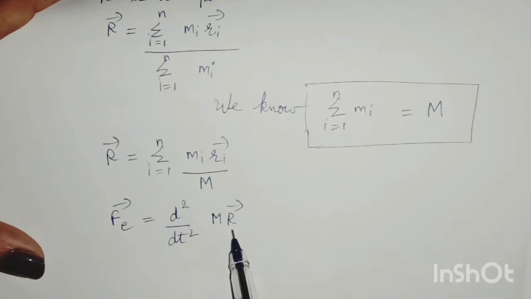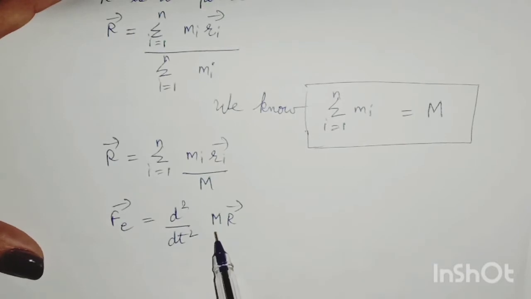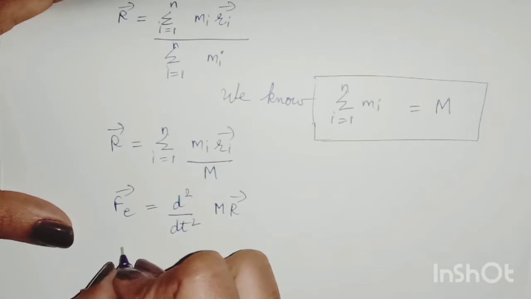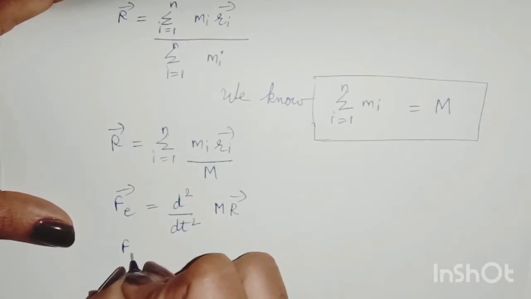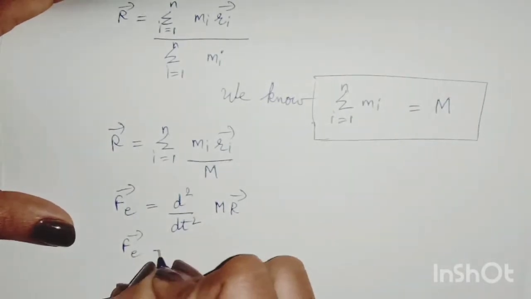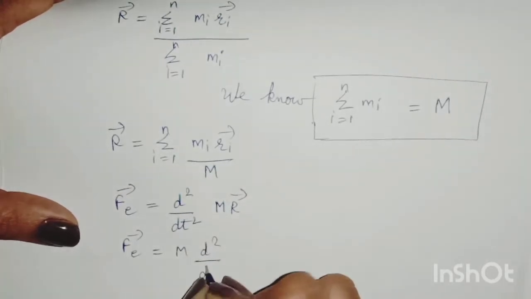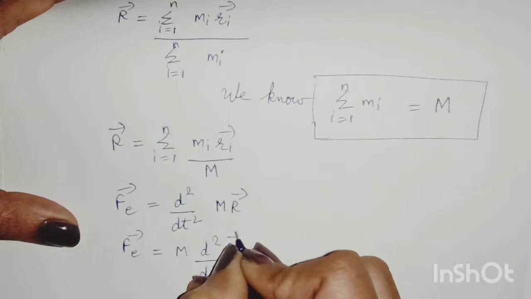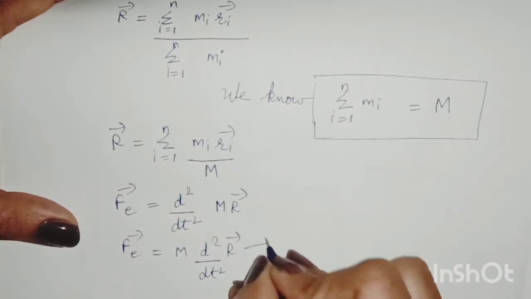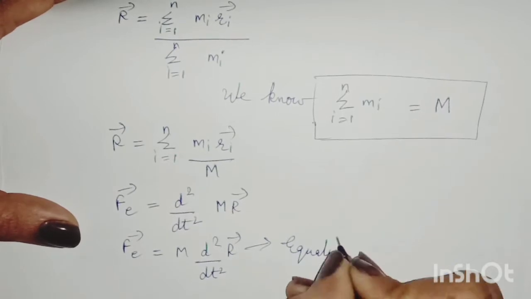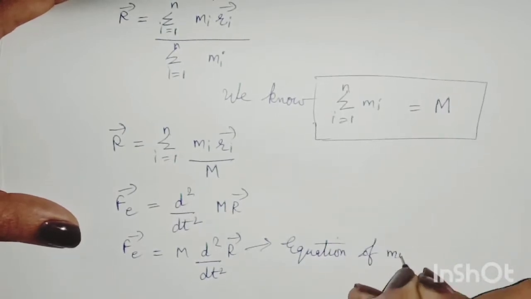So r is our position vector of the ith particle and m is the mass of that particle. So F external is equal to m d square upon dt square r vector, where this equation is the equation of motion.